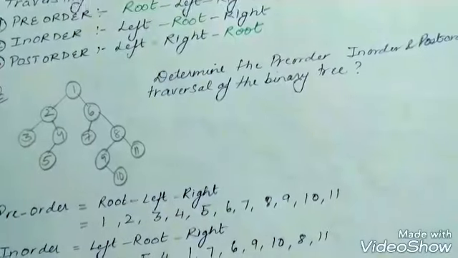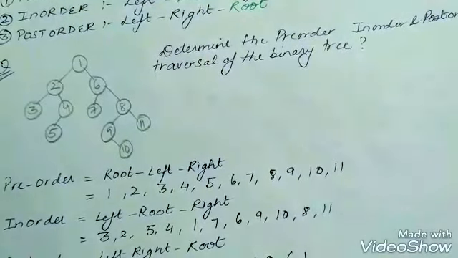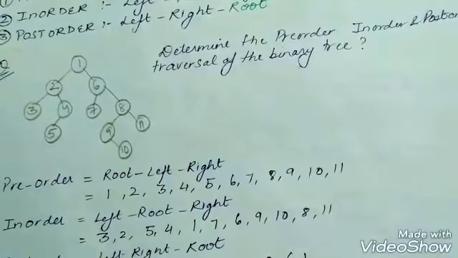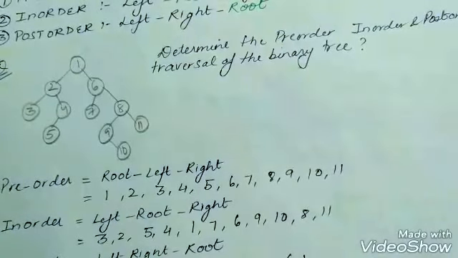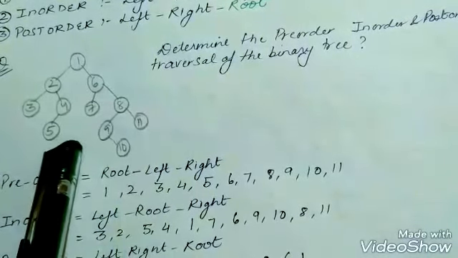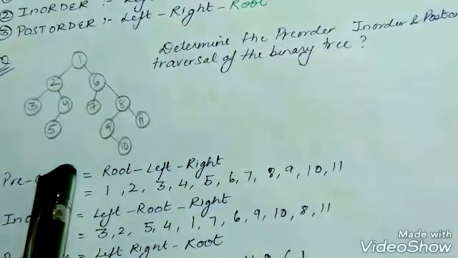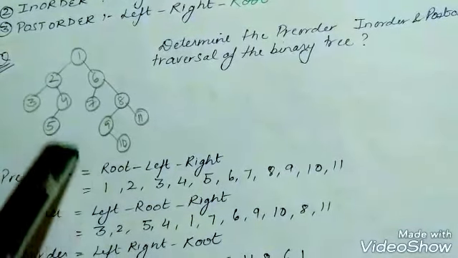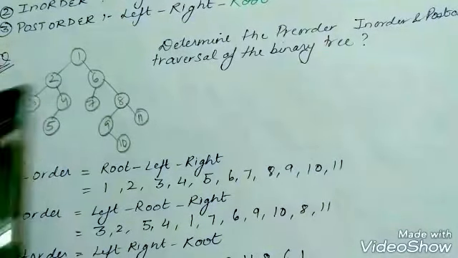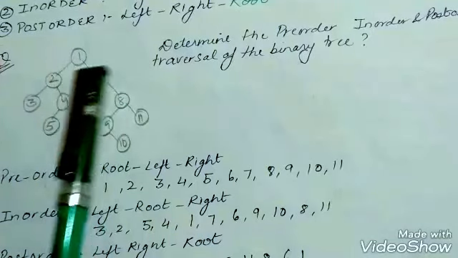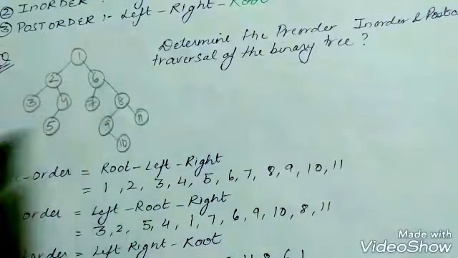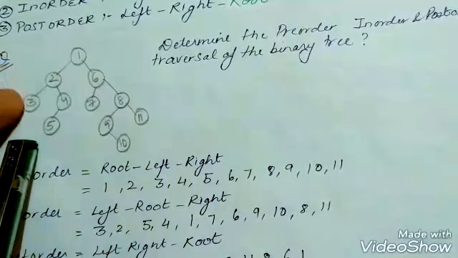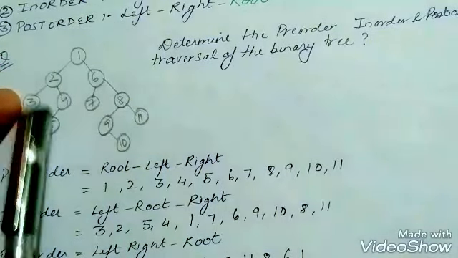In a similar way, if we talk about in-order, what do we do? Firstly, we will take the left, then the root, and then the right node. So this is the diagram here. What we need to do first is take the left subtree, then the root, and then the right subtree. To do that, first we will check out our left.